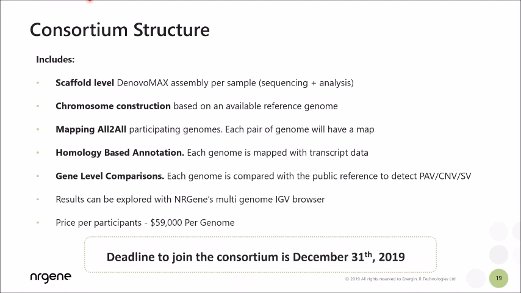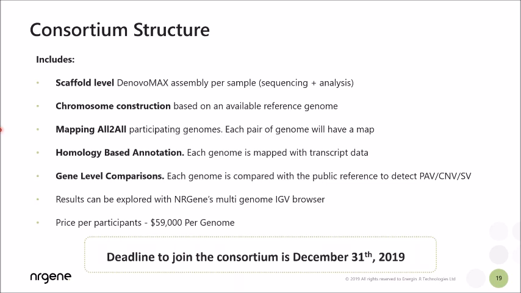So to summarize, the consortium is led by Dr. Ilan Paran and Dr. Allen van Dijns. The idea of the consortium is to de novo assemble to reference level several genomes, organize them to pseudo-chromosomes, and perform all-to-all chromosome mapping to capture the broad diversity that exists in pan-genome architecture.